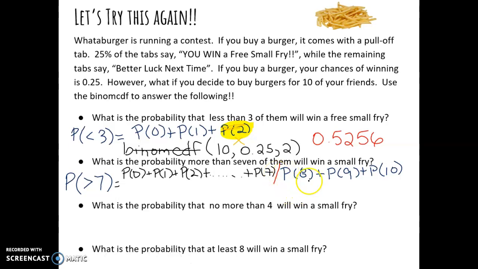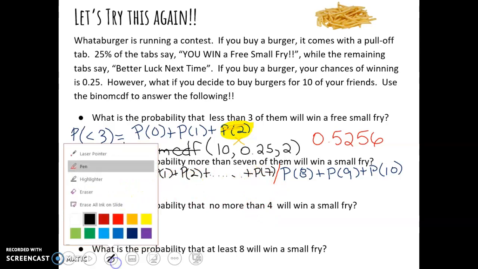And then 8 would be next, 9, and 10. Now you can see all the probabilities here. Imagine the ones that I didn't have room to write right there. Where does this stop?